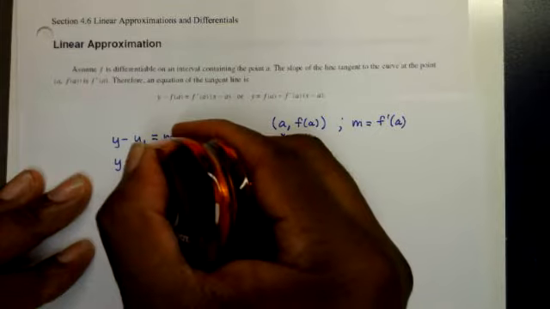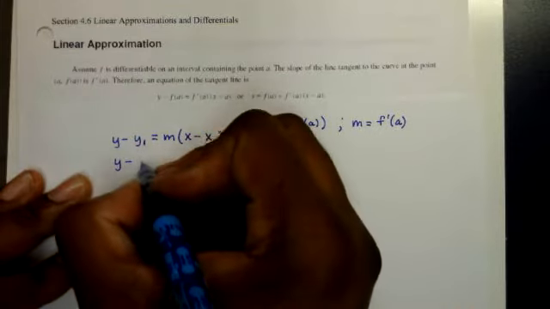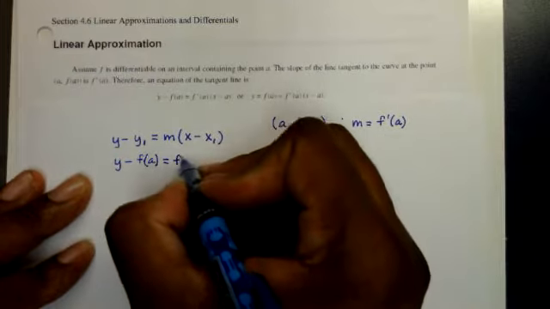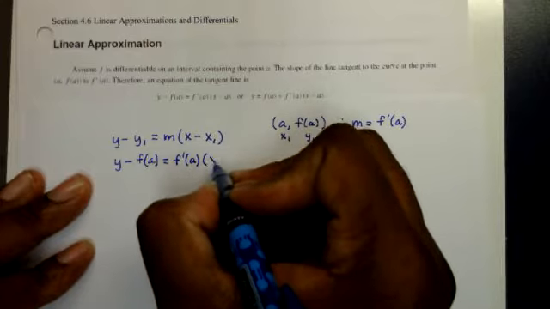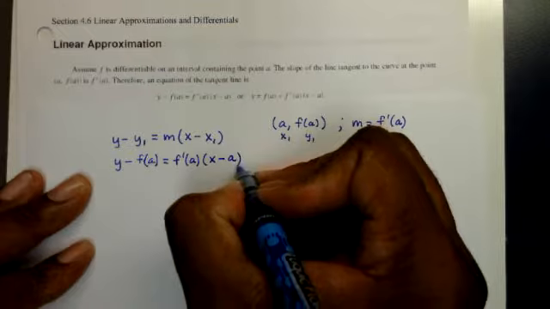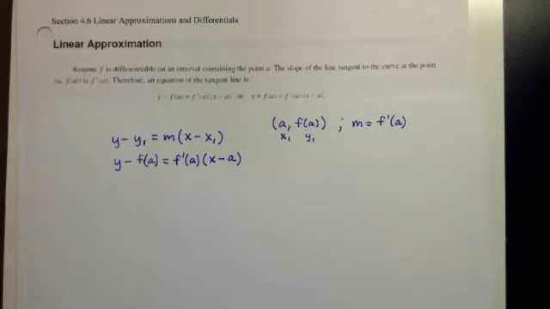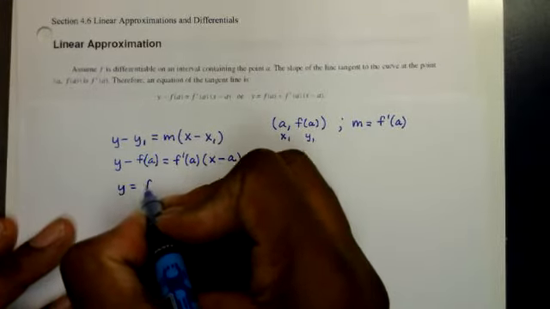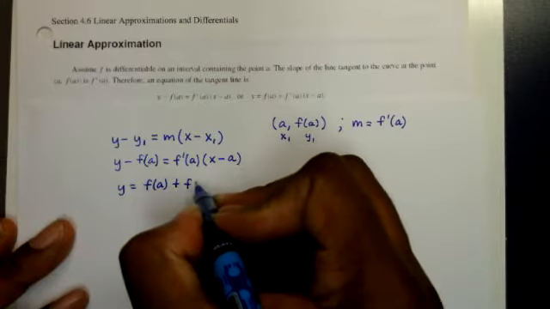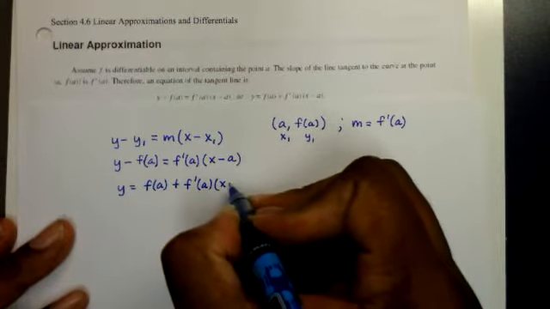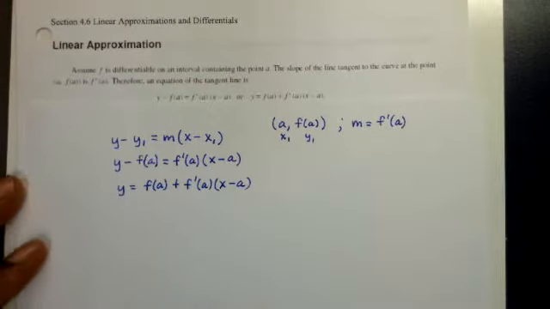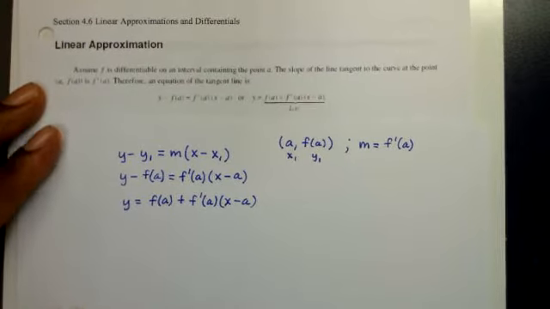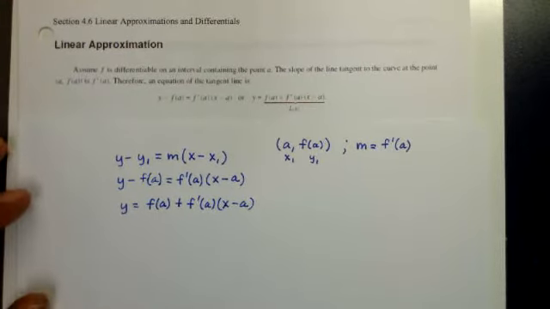So that means y minus f of A equals the slope m, that's actually f prime of A, multiplied by x minus x1, which is A. Now, if I solve this equation for y by moving the minus f of A over to the other side, I'm going to have y equals f of A plus f prime of A times x minus A. So that's where this comes from. That's how that's derived, from the point slope form of a linear equation.